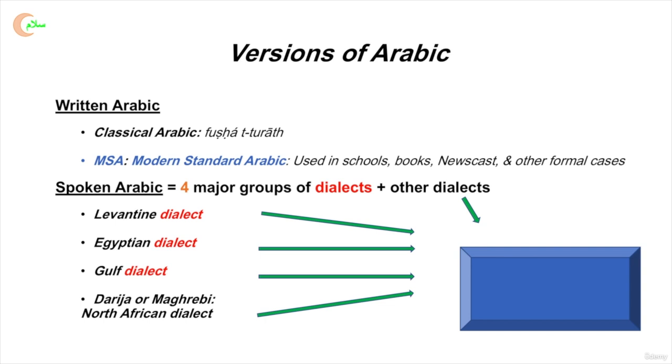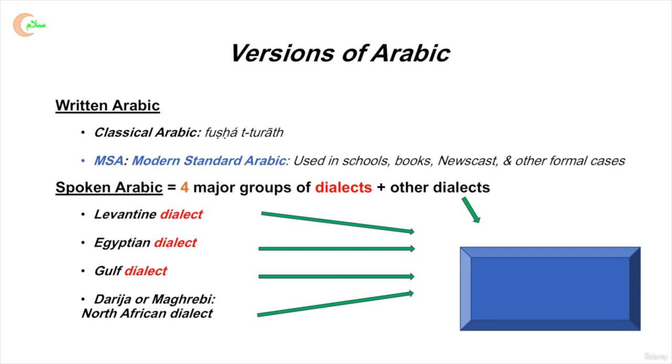Egyptian dialect, which is spoken, of course, in Egypt, and then the Gulf dialect spoken in the countries of the Gulf, including Saudi Arabia, United Arab Emirates, Qatar, Kuwait, etc. Then we have the Darija or Maghribi, and the Darija of Maghribi is a dialect that is actually not understood by the other Arabic speakers.